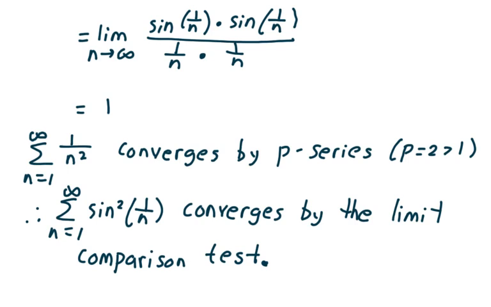And that's 1. And the summation from n equal 1 to infinity of 1 over n squared converges by p series. P equals 2, which is greater than 1. And so what that tells me is that the summation from n equal 1 to infinity of sine squared of 1 over n converges by the limit comparison test.